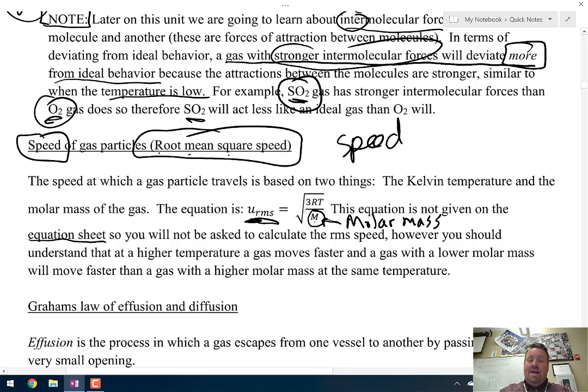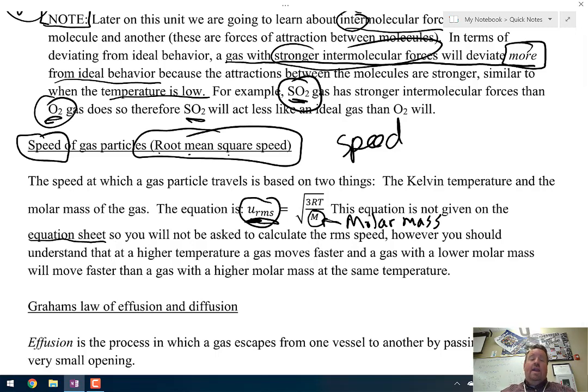So if the molar mass is big, such as a xenon atom, which has a molar mass of 131, versus helium or neon or any of those lighter noble gases, xenon is going to have a much slower speed than helium or neon or any of those other gases.